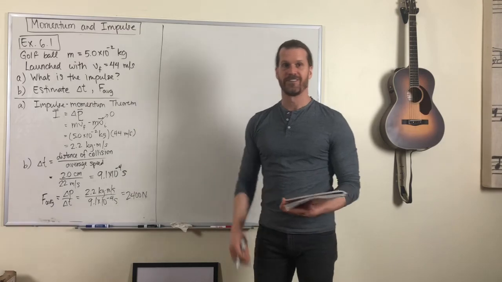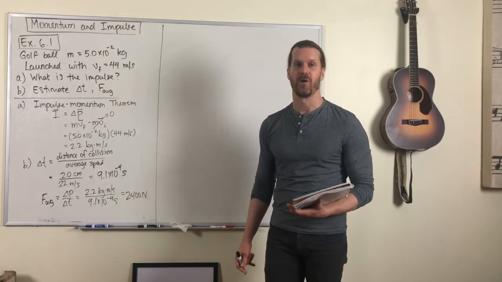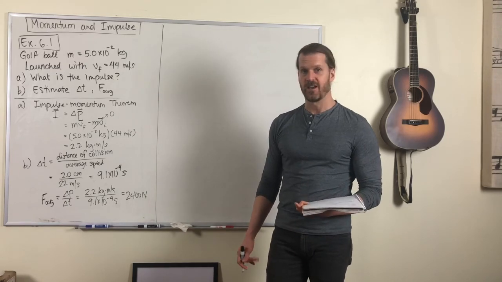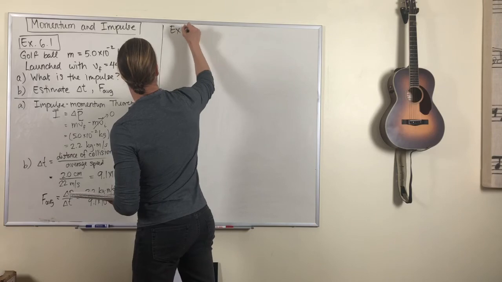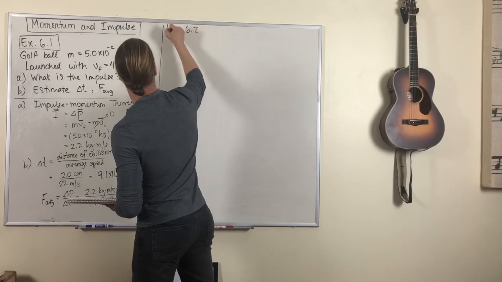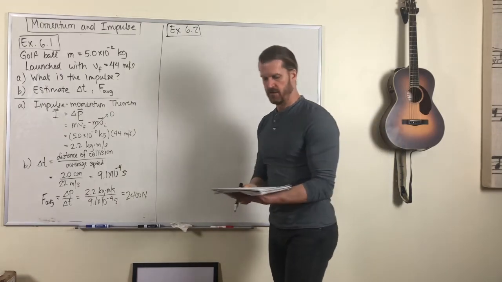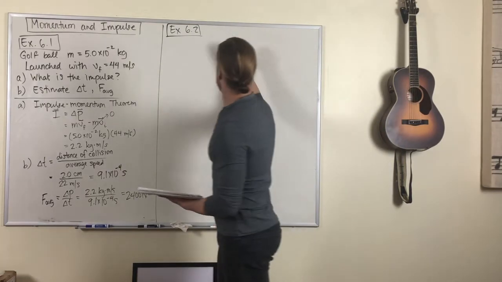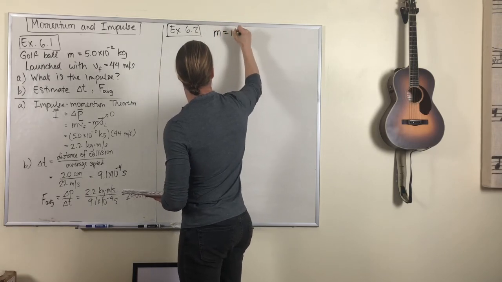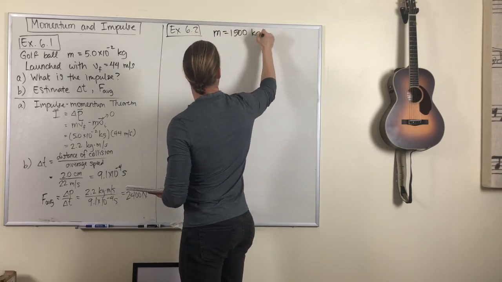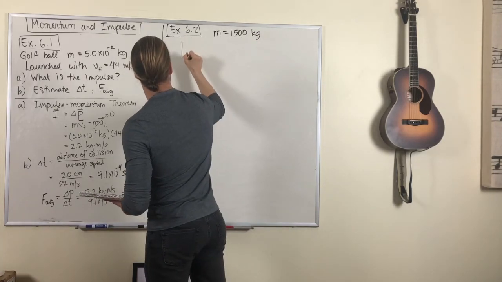So that's the first kind of collision we've been able to analyze, a golf club meeting a golf ball. Now let's look at a car crash. This is example 6.2 from your textbook. In this example, we have a car of mass 1,500 kilograms that collides with a wall.